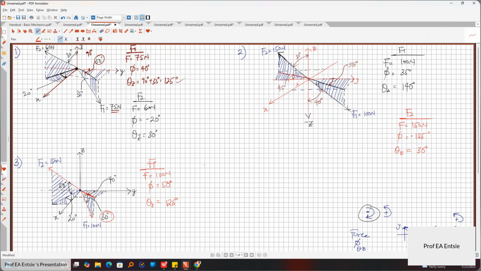Then F2 in example 3. The F there is 150 newtons. The phi is between the x-axis and the base. Here is the base containing F2. If we check, the angle is negative 20 because I'm moving clockwise.